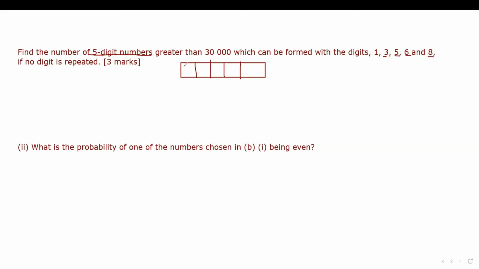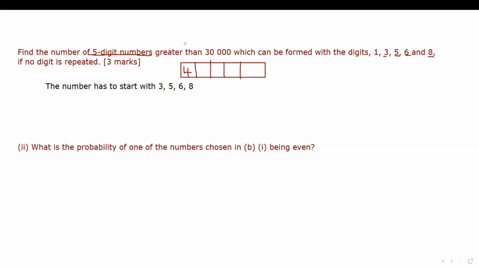So that's 4 possibilities right here. That's where the 4 comes from.